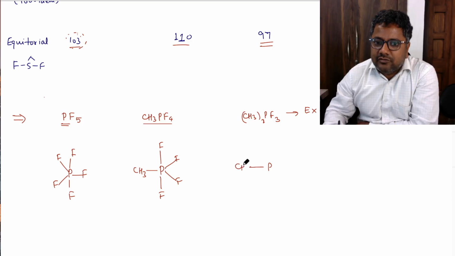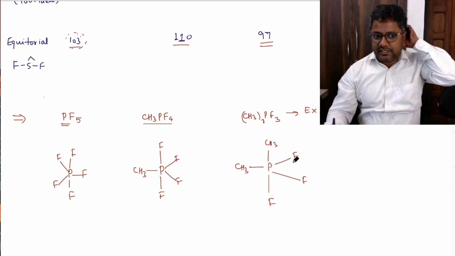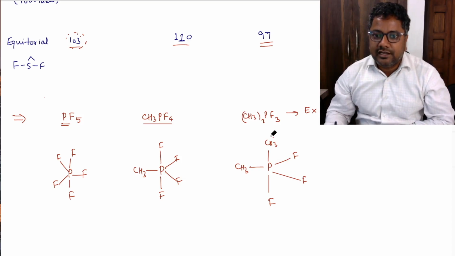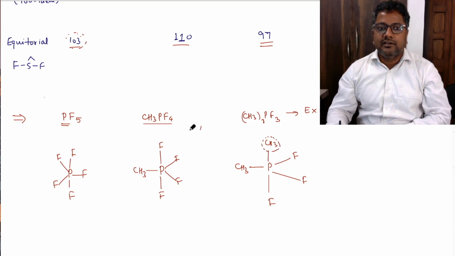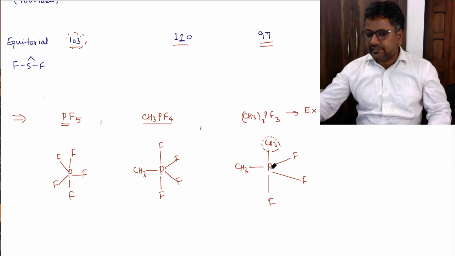One of the methyl groups will remain here, but the other methyl group is axial. So this is a very exceptional molecule, where a less electronegative group is occupying the axial position, right? So this is an exceptional molecule.